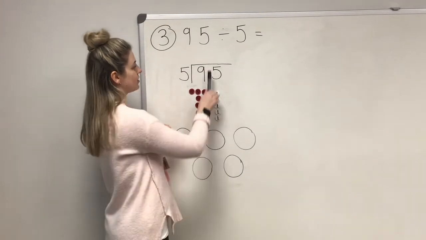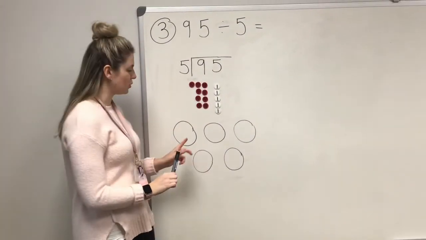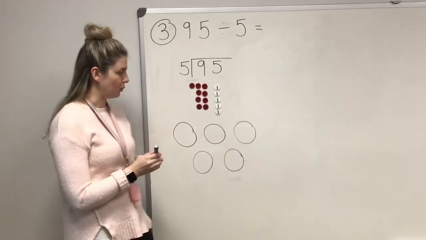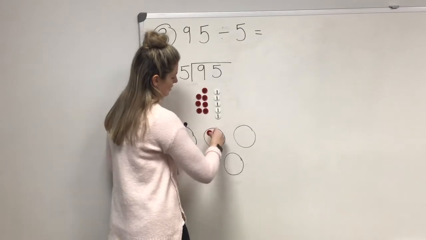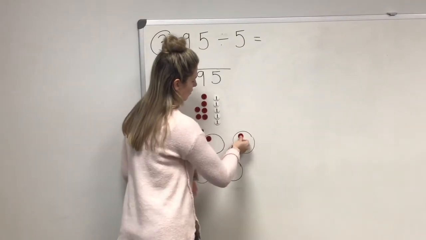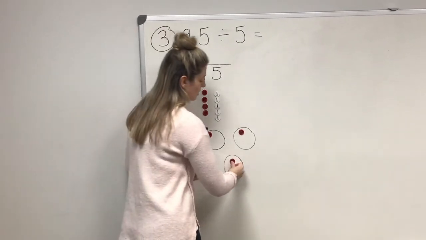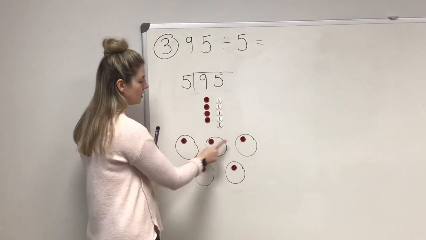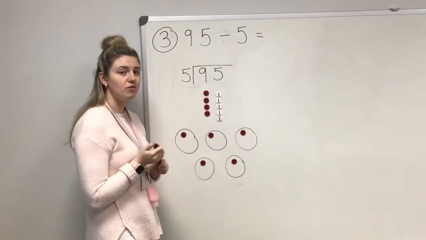So we start with our 10s and we need to split our 9 tens between our 5 equal groups. So 1, 2, 3. See if you can think about what you think the problem is going to be. So we've got 1 ten in each group. We've got 1, 2, 3, 4 tens left.